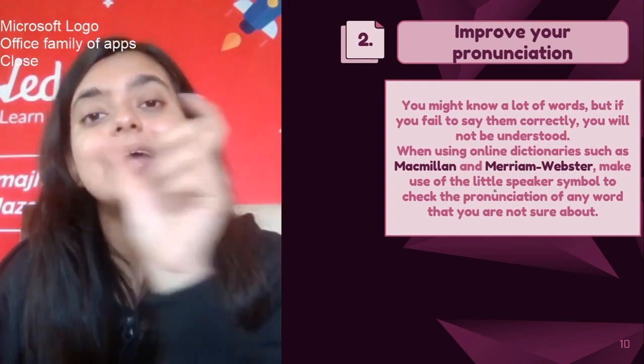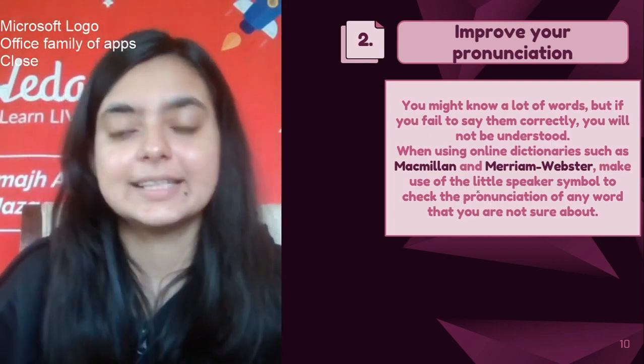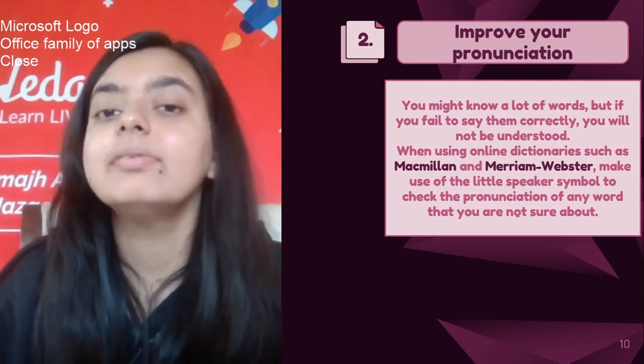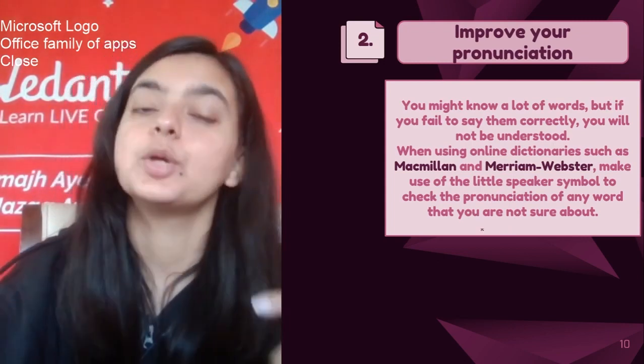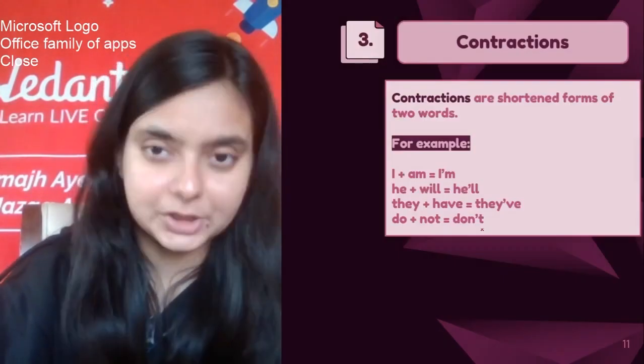While using them, there is a speaker symbol. Okay, if you've ever used these dictionaries, there's a speaker symbol. Please click on that and learn the pronunciation so that you can pronounce the word correctly. You do not make a mistake in pronunciation.